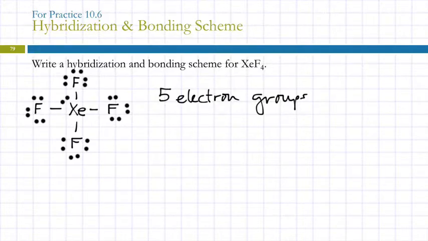Oh, I need this extra finger. It would be sp3d, right? Why is it 5 electron groups? It's 5 electron groups because we have 4 bonds and this lone pair. So this is going to be sp3d.